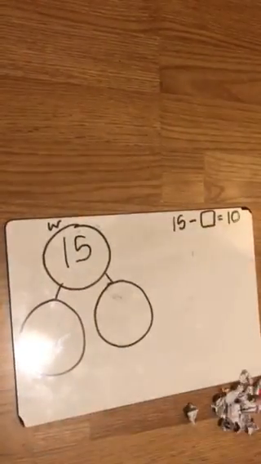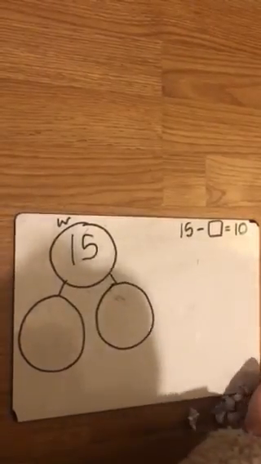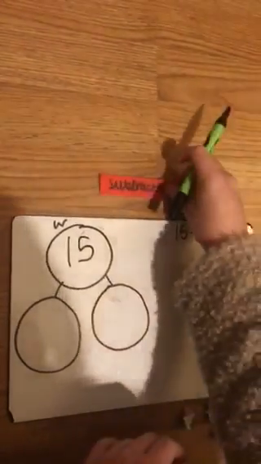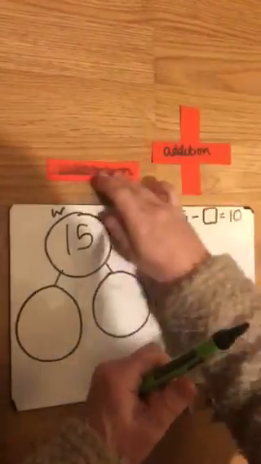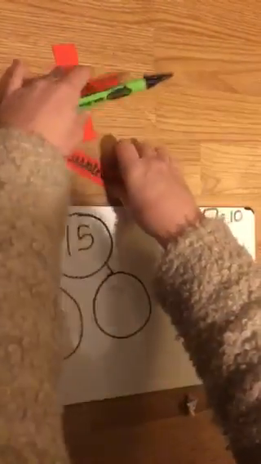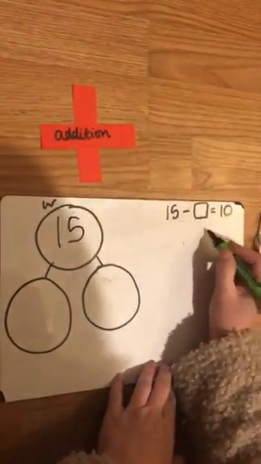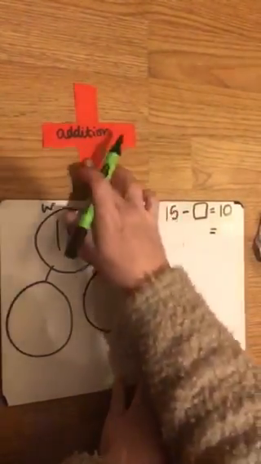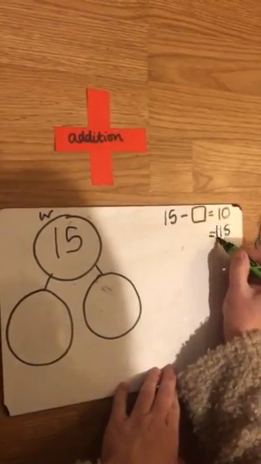Okay, but this time we don't want to do it as a subtraction, okay, because we are going to turn it around and we are going to use our addition instead. So we know that when we add, the biggest number always comes at the end.